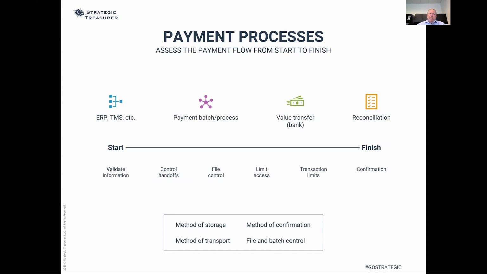Now, when I think about a payment process, I think about it from start to finish. People can pick things up earlier in the payment process, maybe down to procurement, and you can perhaps go farther than reconciliation, like close of books, for example. But just a couple of things along the way when we think about the handoffs for making payments.